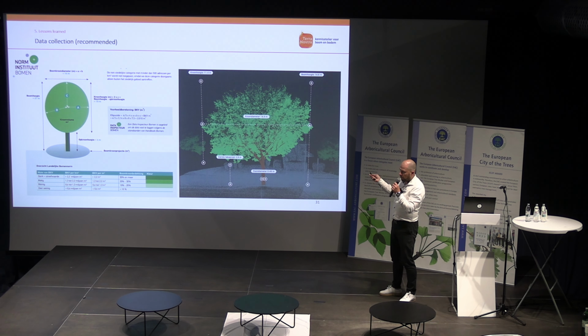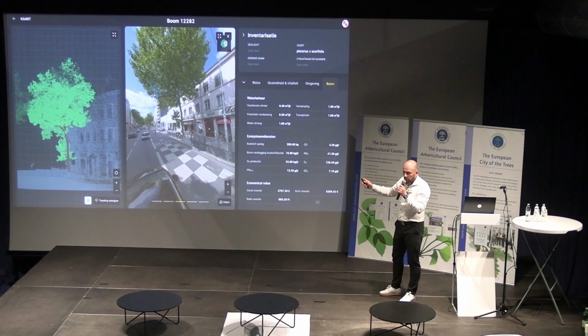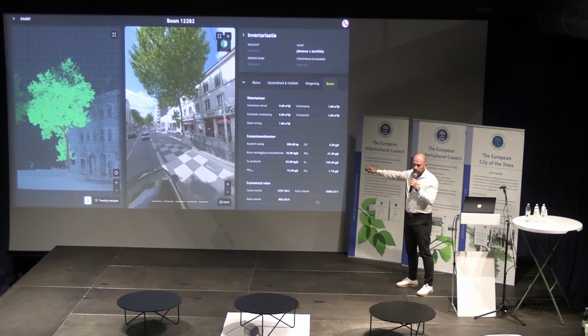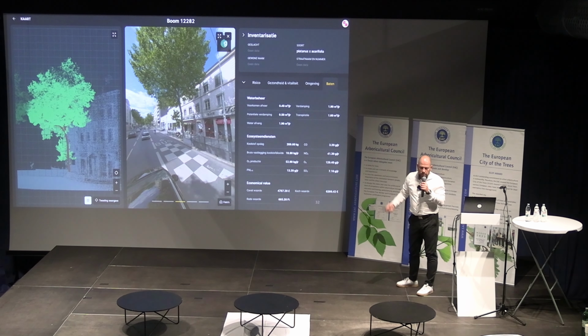So I think this kind of data will be helpful. There's also a direct link with iTree, so you can calculate ecosystem services immediately, with no need to send an Excel file to iTree anymore.